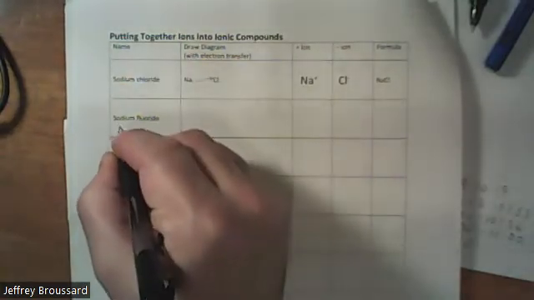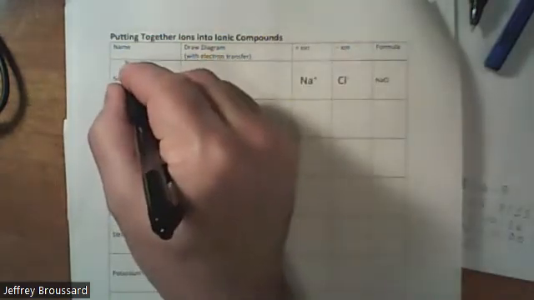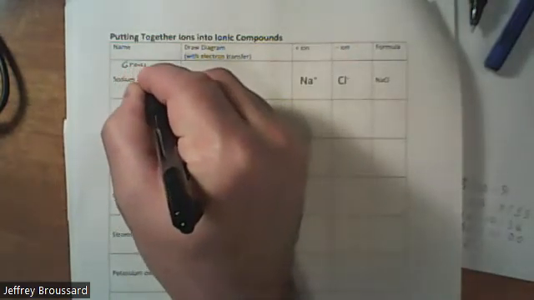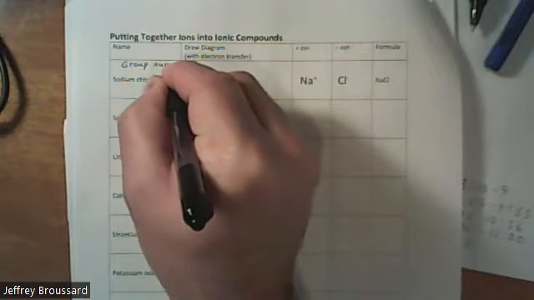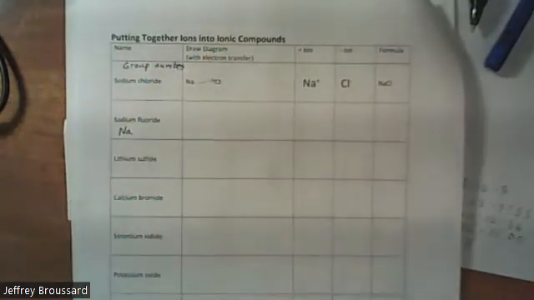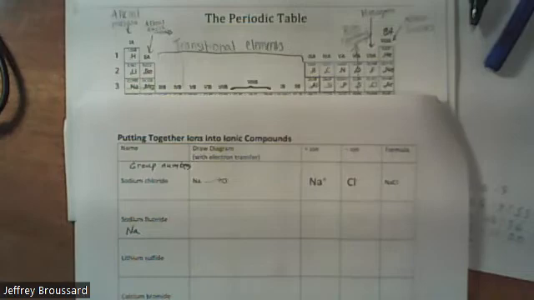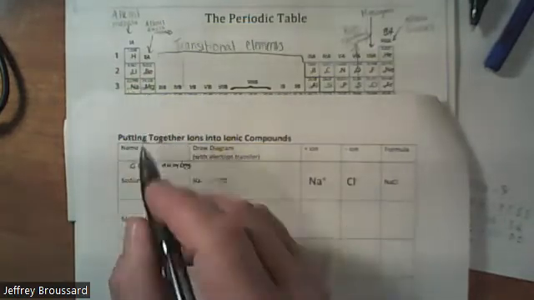So sodium is Na. I'm going to write the group numbers up here too. And the reason I'm going to write the group numbers is that's going to help you with knowing the valence electrons. So sodium is right here in 1A again.